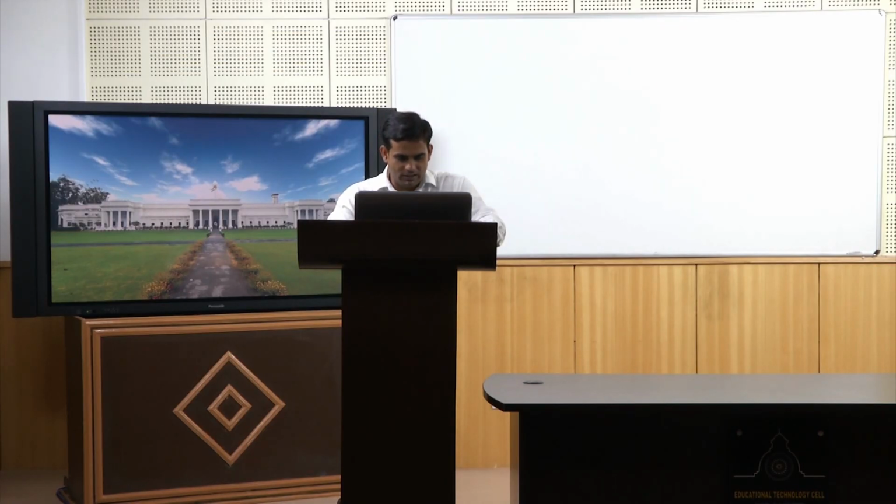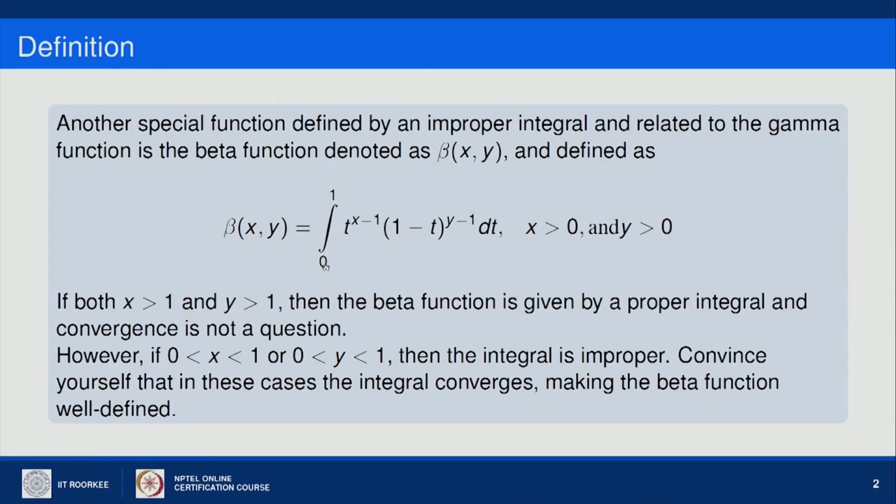Beta of x, y is given by the improper integral from 0 to 1 of t raised to power x minus 1 into 1 minus t raised to power y minus 1 dt. This definition holds for positive values of x and y.